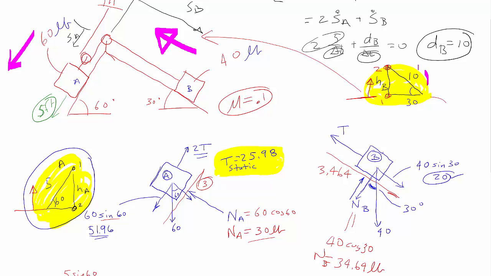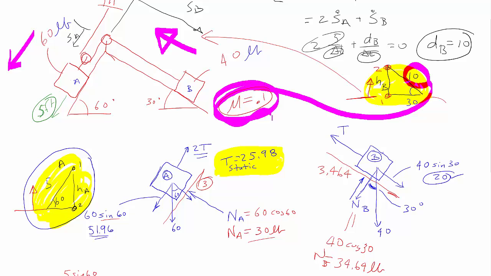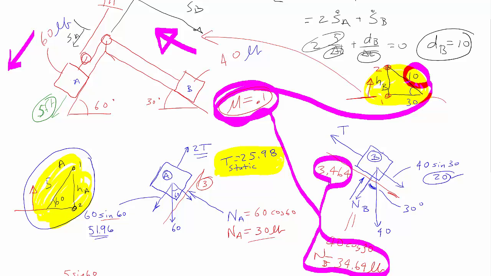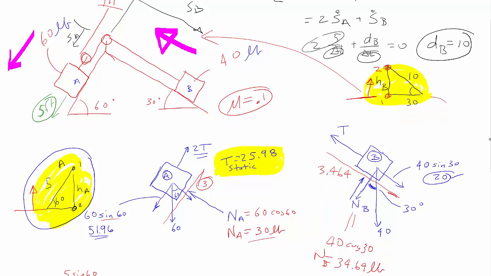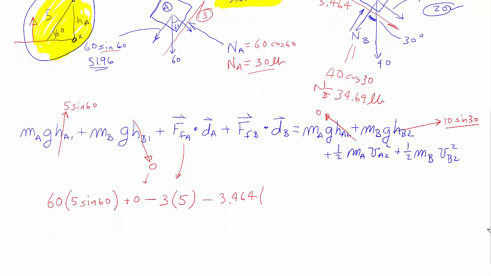In other words, here's our 10 we moved. Here's our friction force. Here was our NB, which gave us our 3.4. And we got that. So we moved a whole 10 there. So this term is right here, and this term is right there.